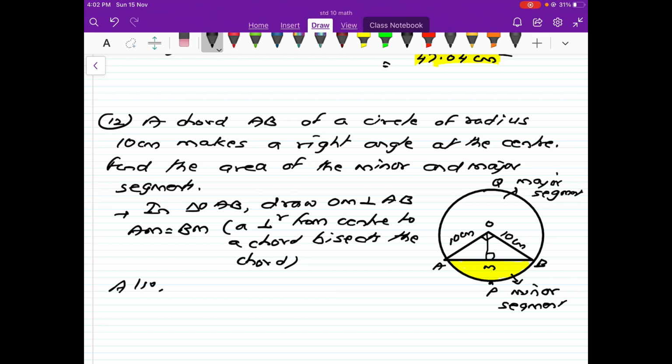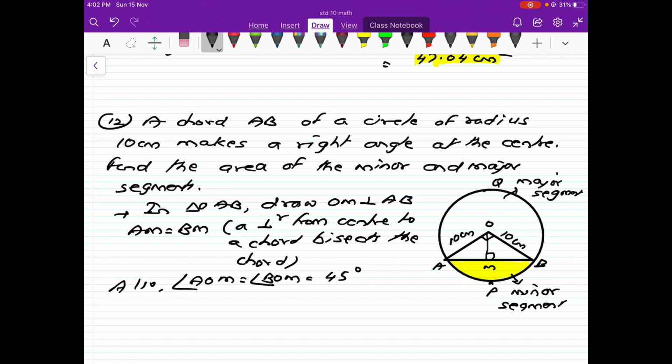Also, it will bisect the angle subtended at the center. So we will say angle AOM is equal to angle BOM is equal to 45 degrees.